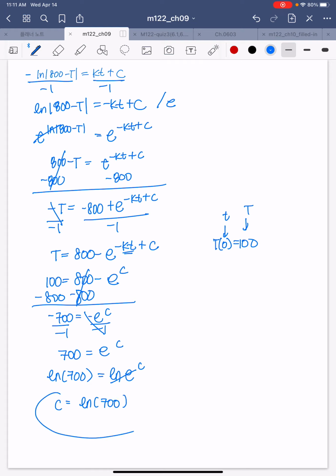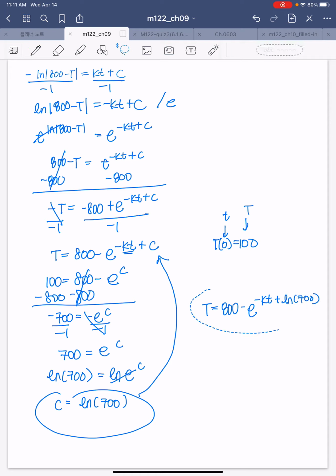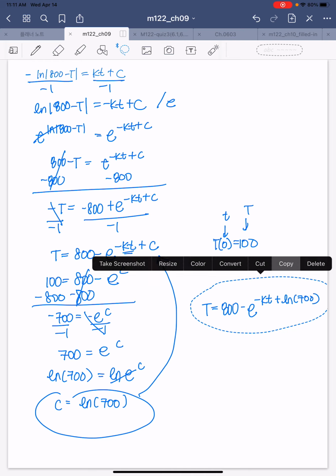So that's what I'm going to replace over here. So I have T is equal to 800 minus e to the negative kt plus ln 700. So let's copy this one.